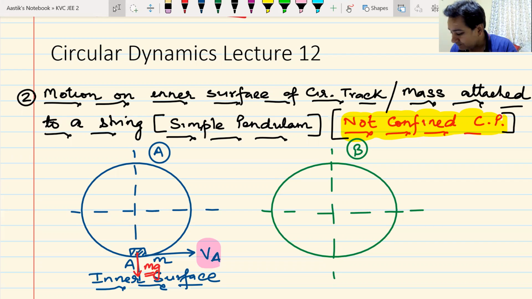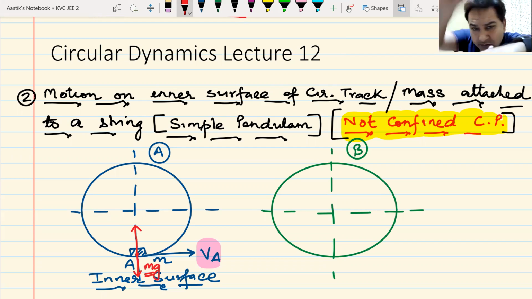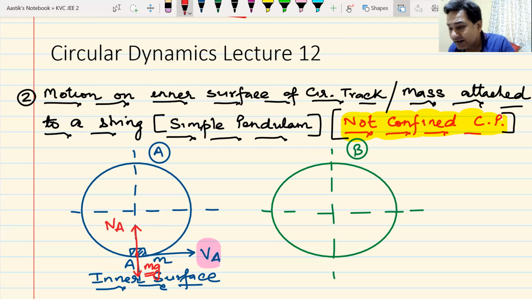Just tell me. Reaction. Yes, beta? Normal reaction. Yes, the normal reaction which is coming from this circular track. When you keep it on the circular track, this normal reaction will come, which is always perpendicular to the track. This normal reaction at point A, let me call it NA.